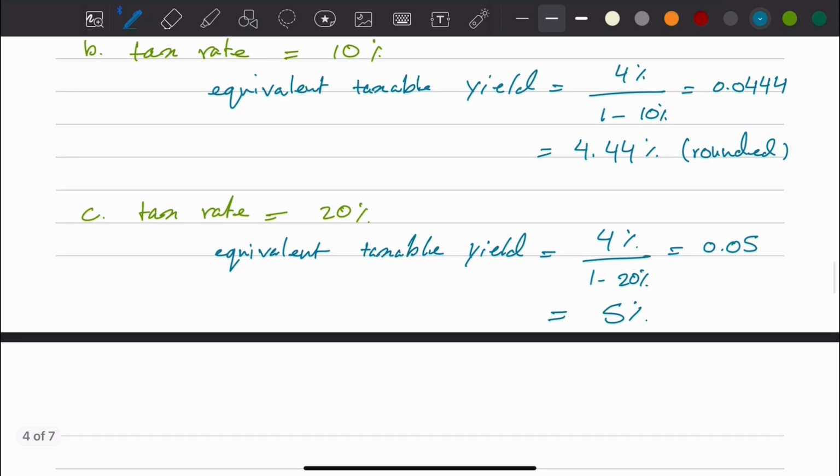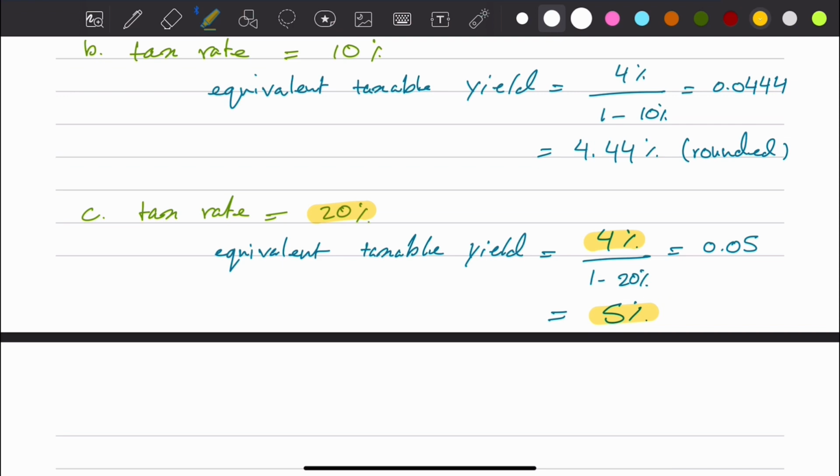Okay? So if our investor has to pay 20% in taxes, and he has an offer to invest in a municipal bond that gives him 4%, for a corporate bond to compete with this municipal bond, it has to at least offer 5%. Okay?